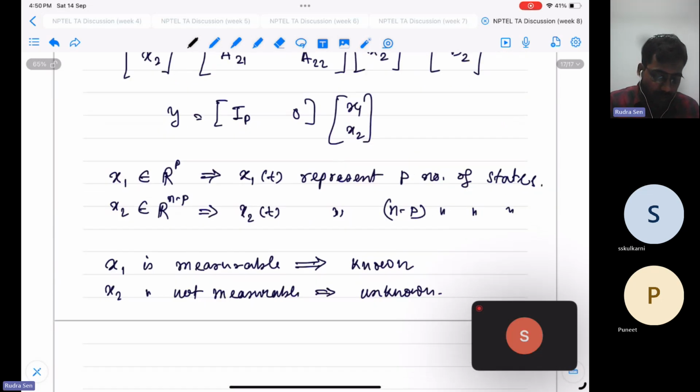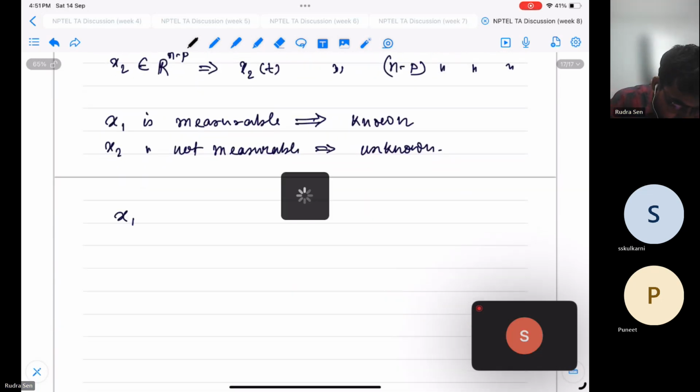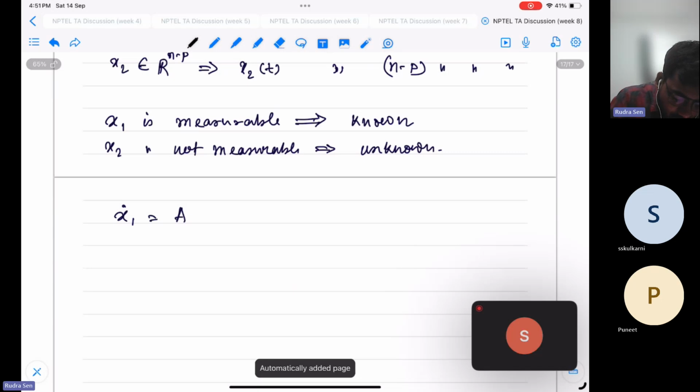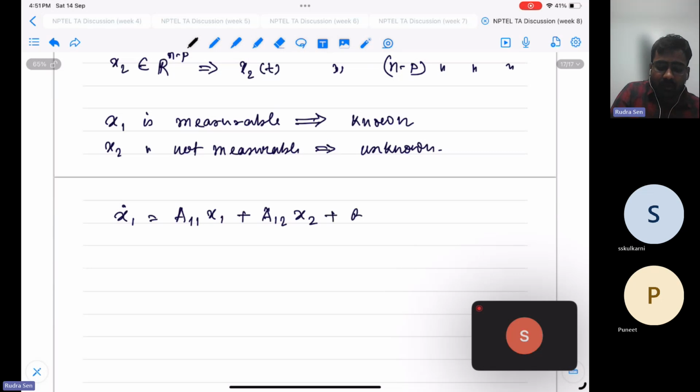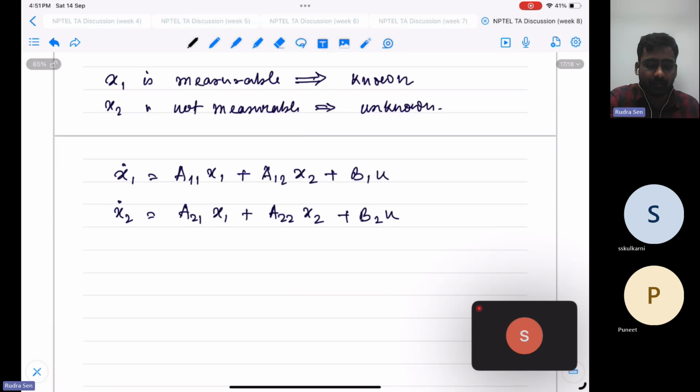So what is the x1 dot formula? It is x1 dot equals A11 x1 plus A12 x2 plus B1 u. And x2 dot is A21 x1 plus A22 x2 plus B2 u.